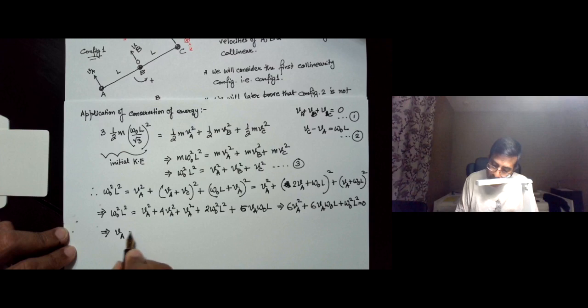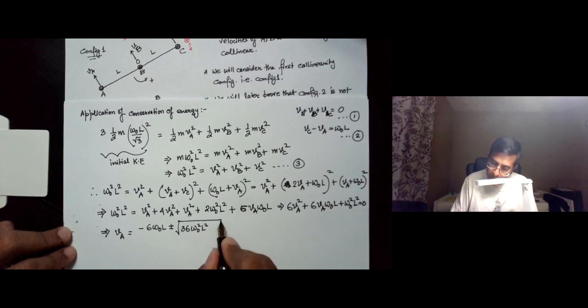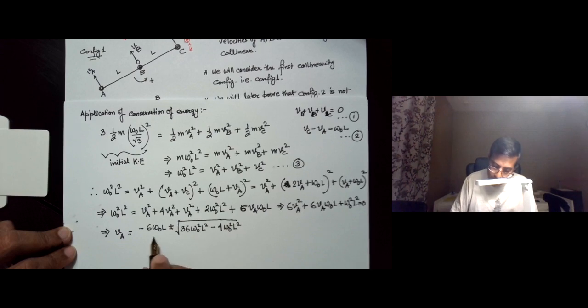So Va then is equal to minus 6 omega naught L plus or minus square root of 36 omega naught squared L squared minus 24 omega naught squared L squared, divided by 12.